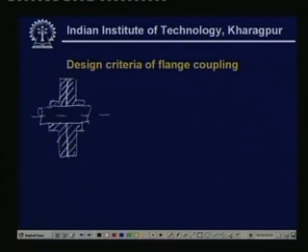These are the two flanges which are connected by bolts. Obviously, the most important part here will be the bolts.